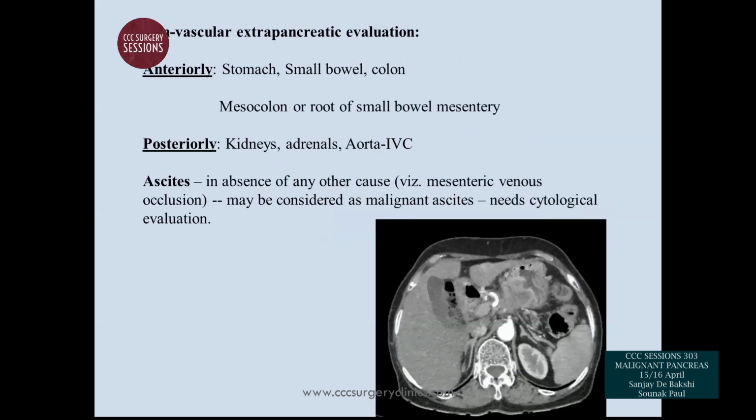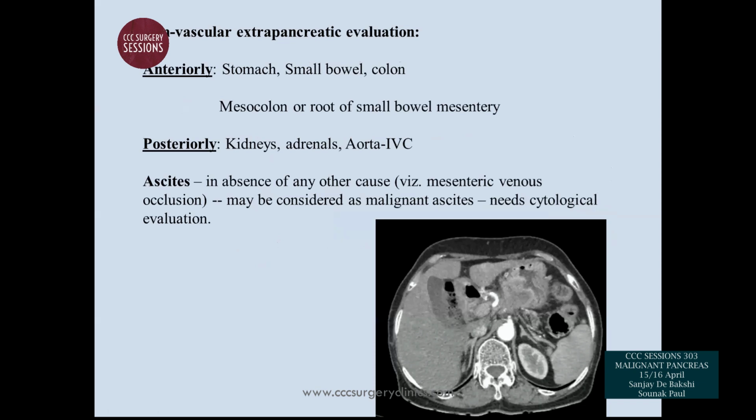We need to take care of a few other adjacent anatomical structures when we are evaluating a preoperative image, and those include the bowel anteriorly, the mesocolon and the root of the small bowel as well, and posteriorly the kidneys and the adrenal glands.